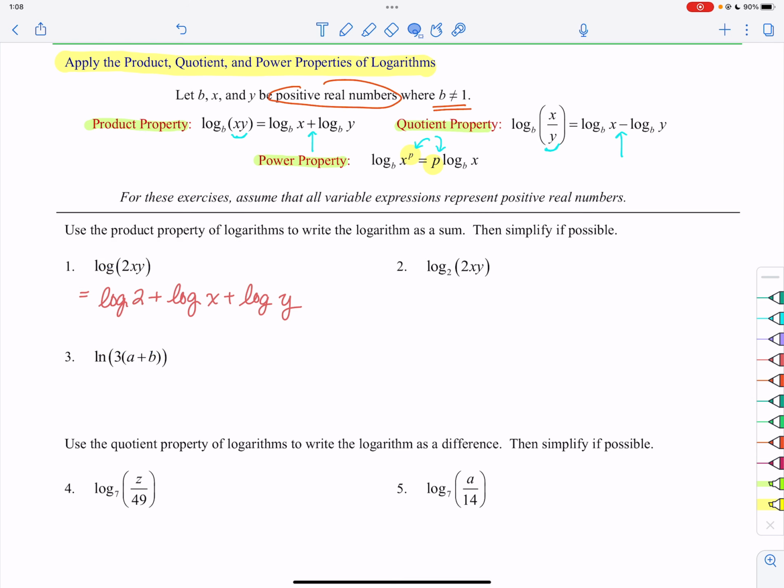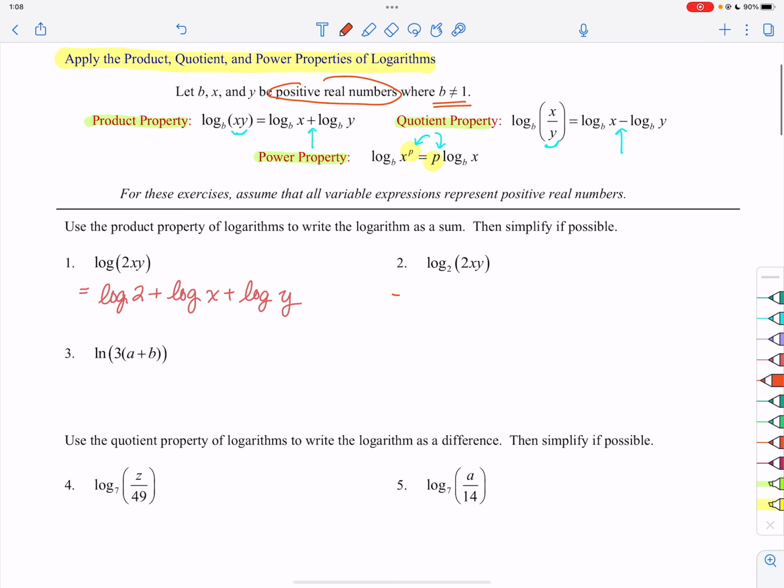Looking at number 2, we have the log base 2. So we have the log base 2 of 2 plus the log base 2 of x plus the log base 2 of y, also using our product property.